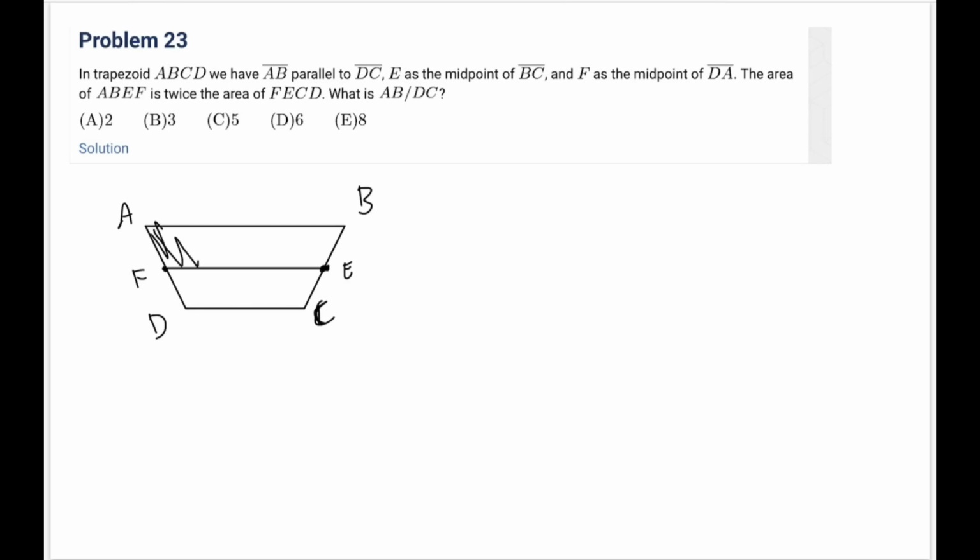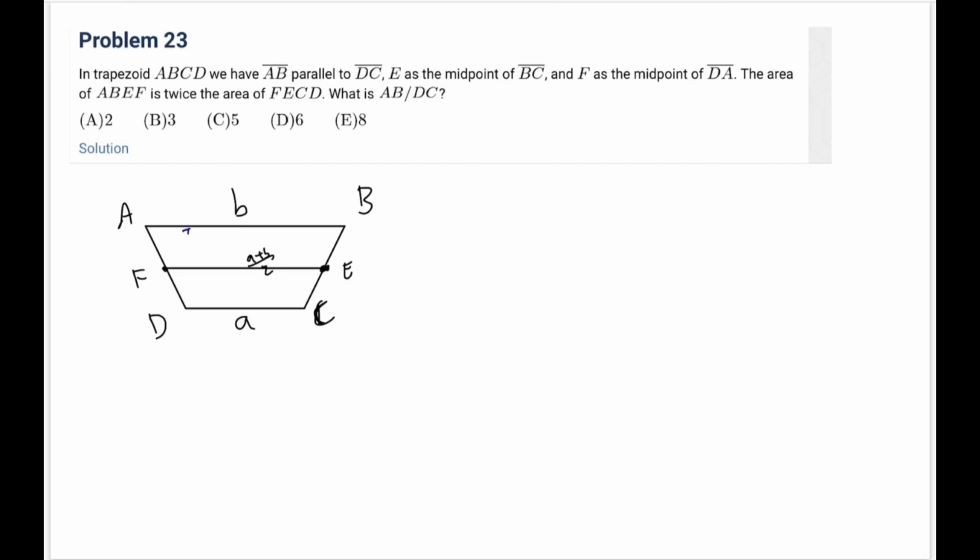So this area is twice that of this, right? So if we say that this is A and this length is B, then FE would be A plus B over 2, since this length is the middle length of AB and DC.